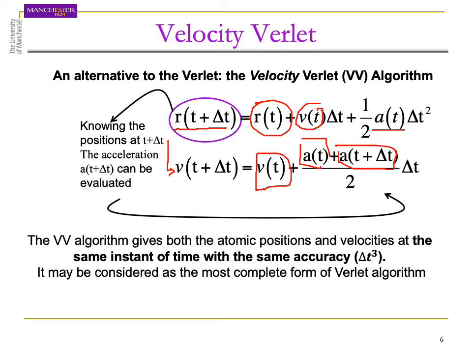The fact that velocity is calculated within the algorithm means that the velocity Verlet algorithm gives both the atomic positions and velocities at the same instant of time with the same accuracy, which is now delta t to the power of 3. Therefore, we usually say that the velocity Verlet algorithm can be considered the most complete form of the Verlet class of algorithms.